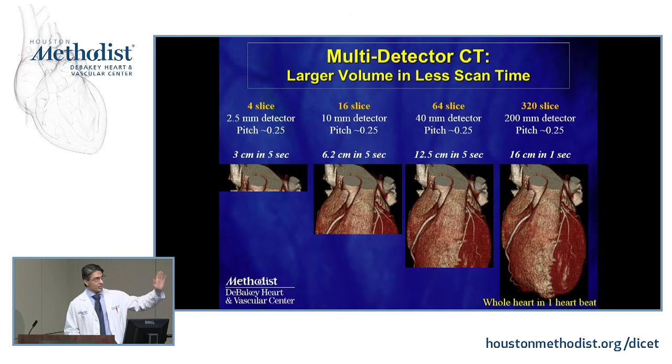You can see the progression from 16 slice to 64 slice, now to the 320 slice. With the 320 slice, because it has such a large coverage, you can cover that entire heart in one cardiac cycle. So people often talk about slices. They're talking about how much coverage they can get of the heart.